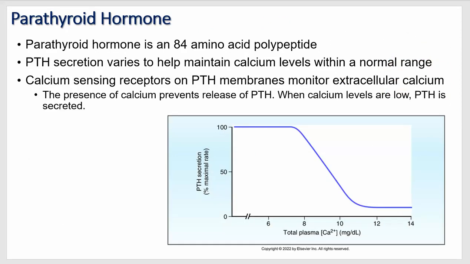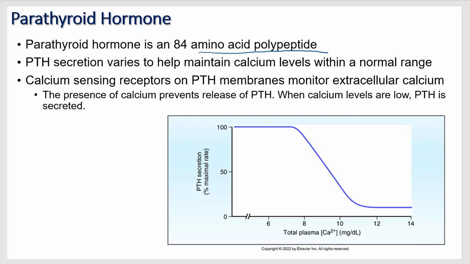So parathyroid hormone is an 84 amino acid polypeptide, so it's a polypeptide hormone. Secretion varies to help maintain calcium levels. We've seen all of this. It makes sense that it would vary from maximum release to a very minimal release.